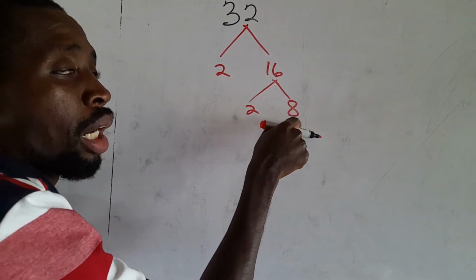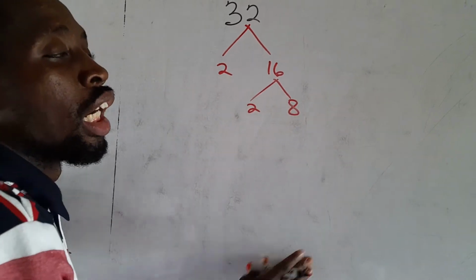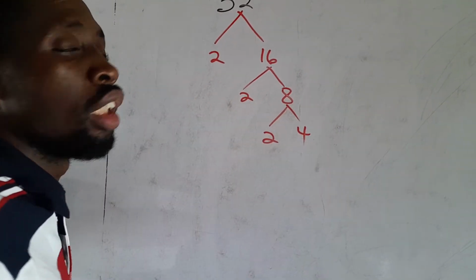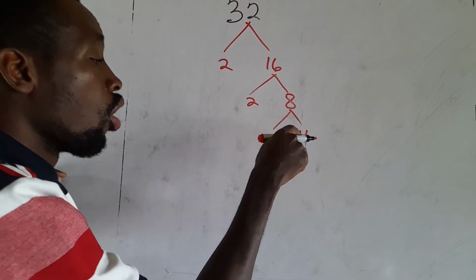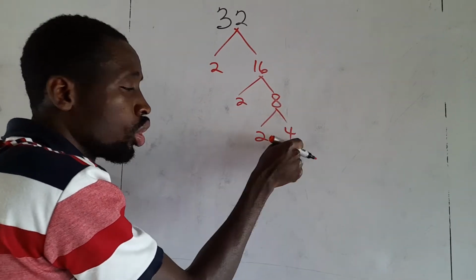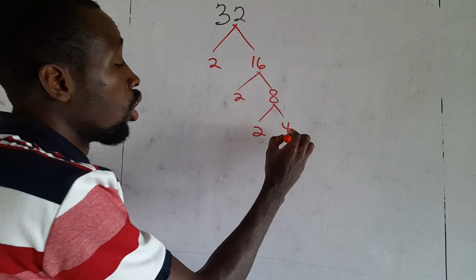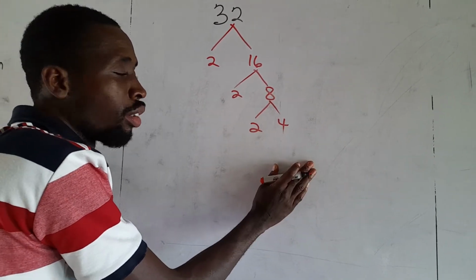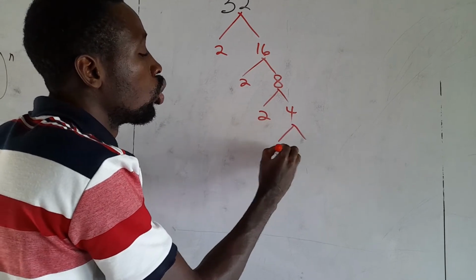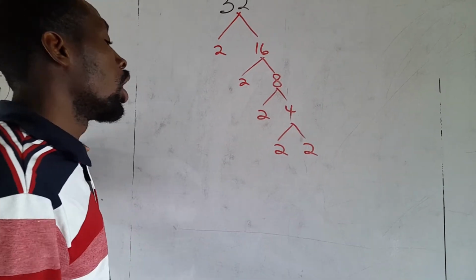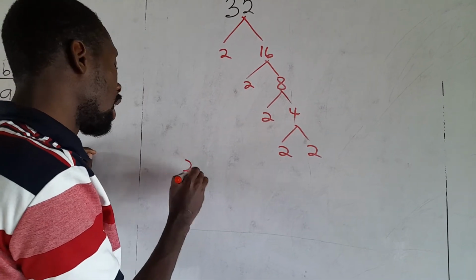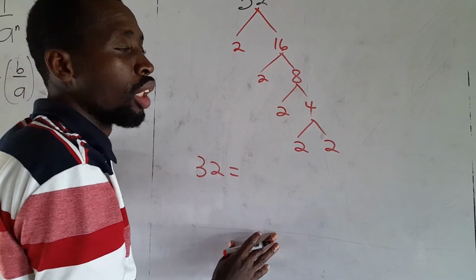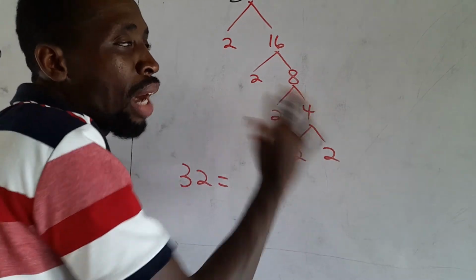So which prime number can divide 8 without any remainder? It's still 2. 2 times 4 is 8, or 8 divided by 2 is 4. Now, 4 is not a prime number. So which prime number can divide 4 without any remainder? 2 again. 2 times 2 is 4. Now, that means that 32 is equal to all the numbers that are not being divided again, or that are prime numbers.